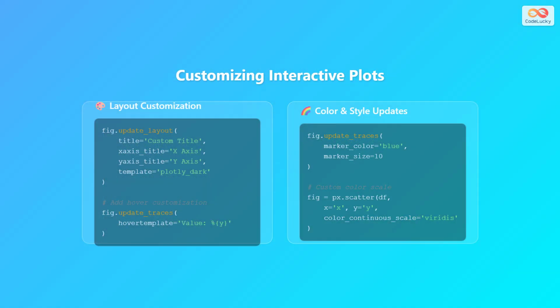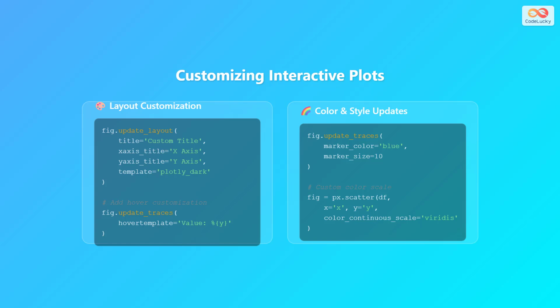Plotly provides extensive customization options to enhance both the appearance and functionality of your interactive visualizations. Layout customization is achieved through the update_layout method, where you can set custom titles, axis labels, and apply different themes like plotly_dark for better visual appeal. The update_traces method allows you to modify hover templates to show specific information when users interact with data points.